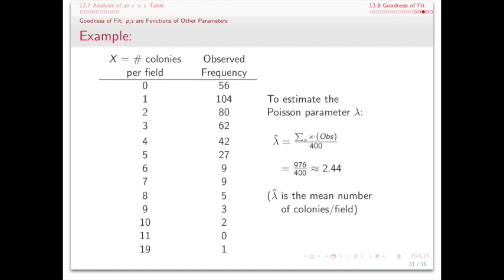In other words, instead of having a sum of 400 numbers, we're making use of the fact that 56 of those numbers in that sum are zeros, 104 of the numbers in that sum are ones, 80 numbers in that sum are twos, and so on. And so we can come up with an estimated value for lambda, which we'll call lambda hat, which is 2.44, which we get by performing that operation.